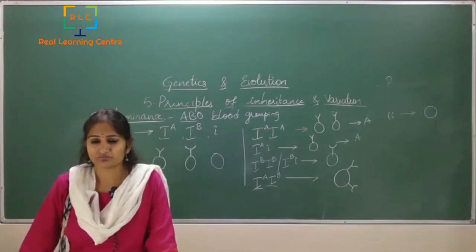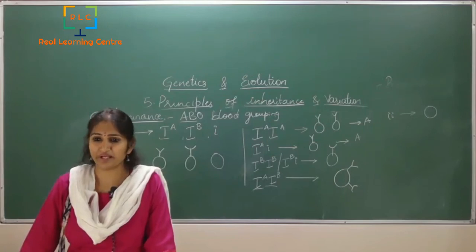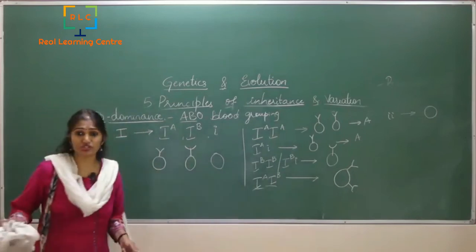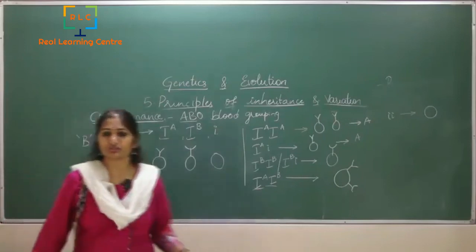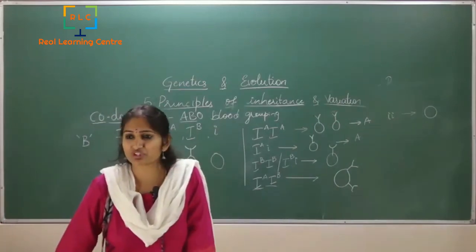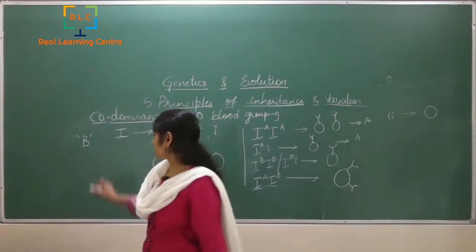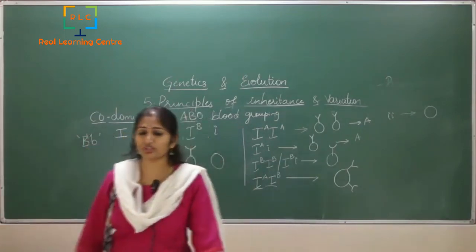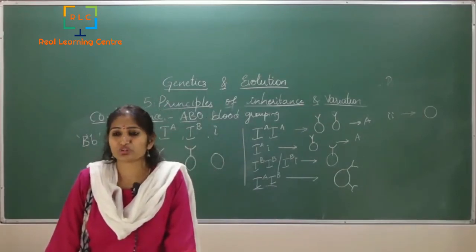There is starch synthesis in the pea plant, and that is controlled by one gene which is called B. Starch production is controlled by the B gene. This is not multiple allelism, you see capital B and small b. It is exhibiting two alleles.